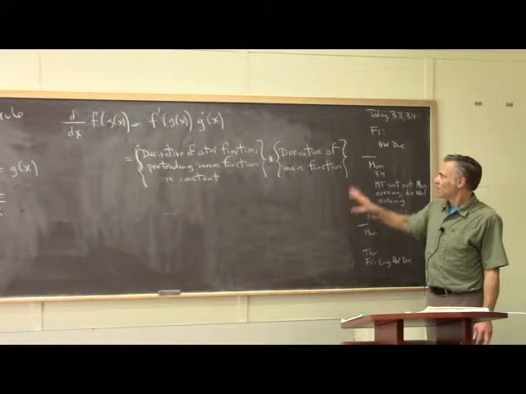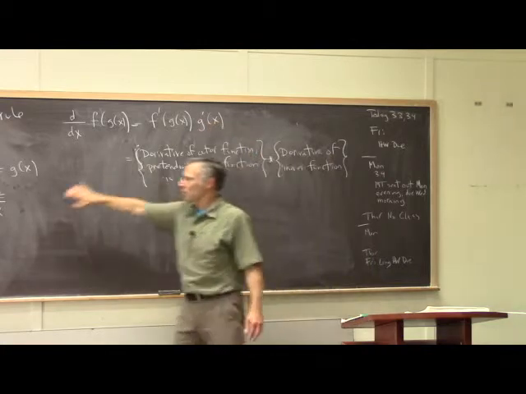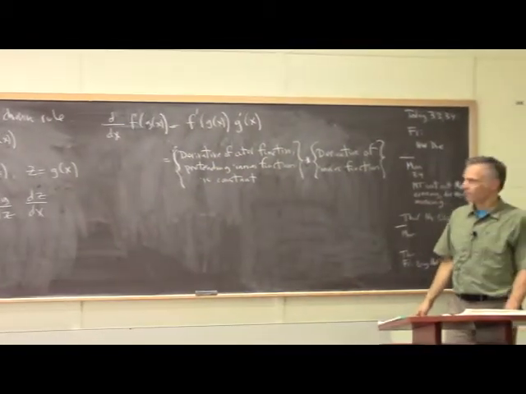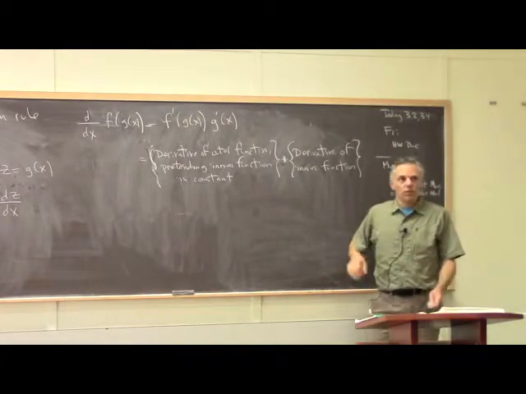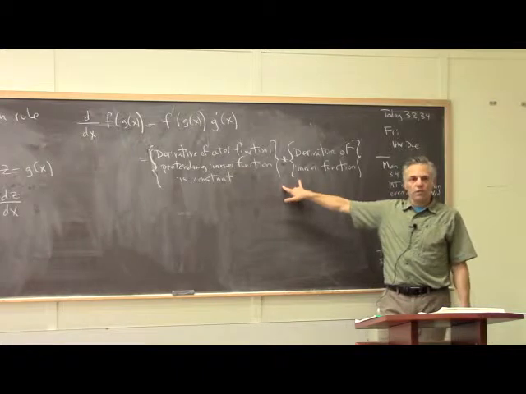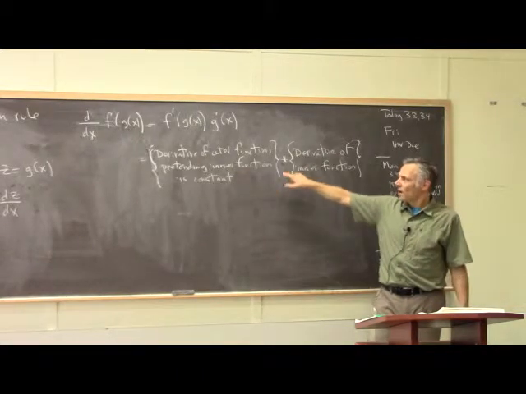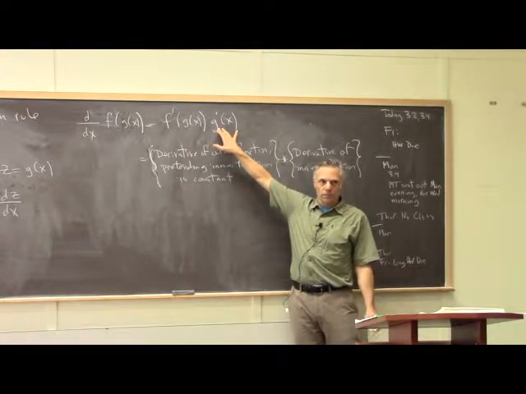So this word equation and this equation and this equation are all saying the same thing in different notation. And when you're actually using the chain rule, I think it's this word equation that you want to have in your head conceptually. And so when I do the chain rule, I don't really picture these formulas at all, even though that's what I'm using.